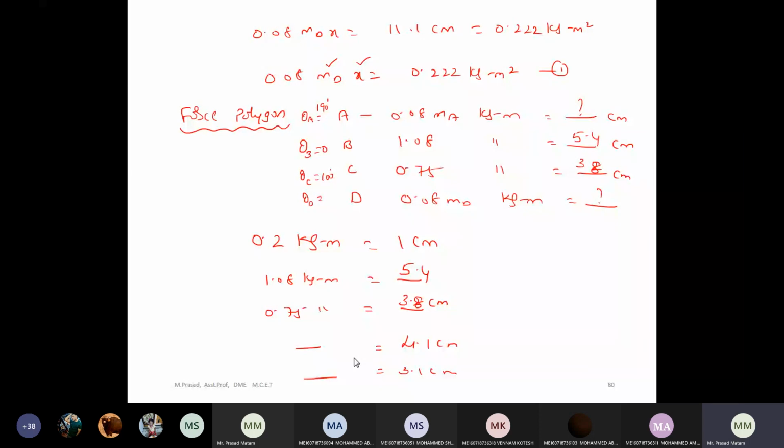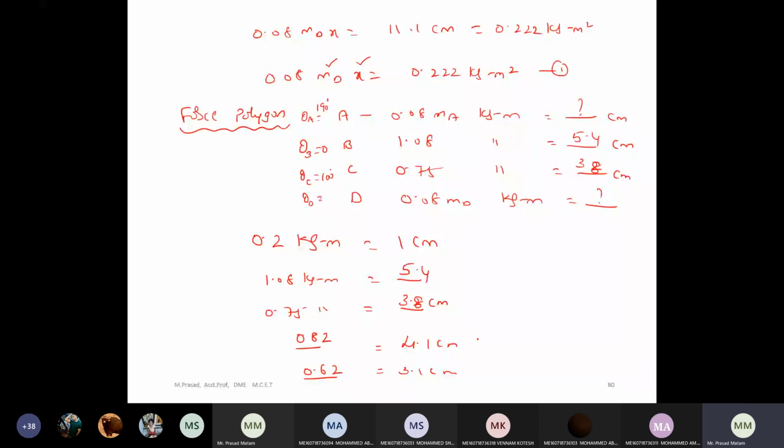Similarly, 3.1 into 0.2. 0.62. This is 0.62 kg meter. 4.1 comes as 0.82.